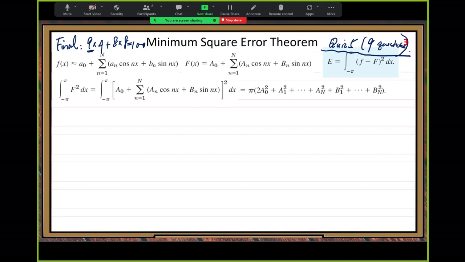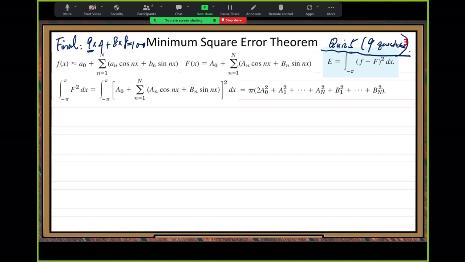For this term, only A sub n square cosine square is non-zero, you calculate its integral, it's A1 square, and so on. So for each term, only this term multiplied by itself, you take the integral, is non-zero. If this function multiplies other functions, you take the integral, all zero. That's the orthogonality property.